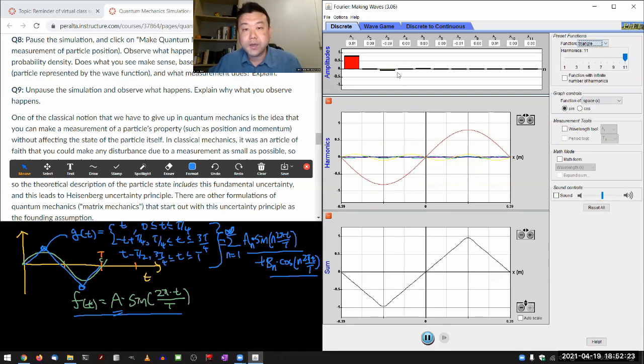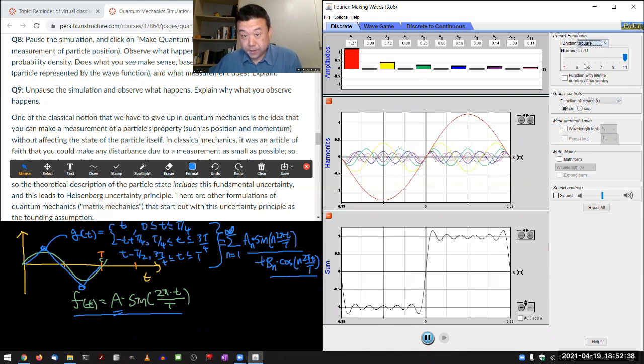With the triangular wave, because this fundamental was already fitting the triangular shape so well, the corrections didn't have to be that big. With a square wave, this fundamental sinusoidal wave is a terrible fit. That's why these higher harmonics are more substantial.